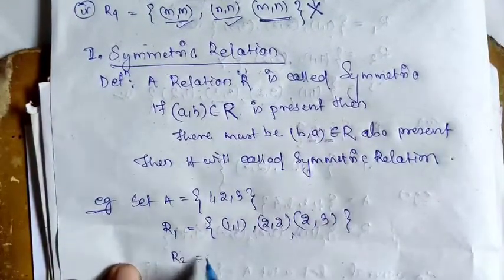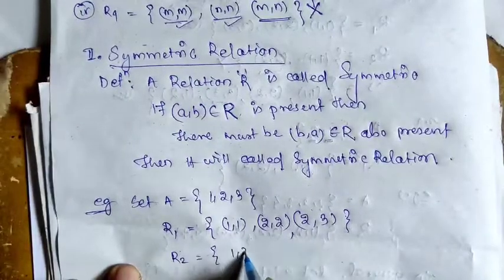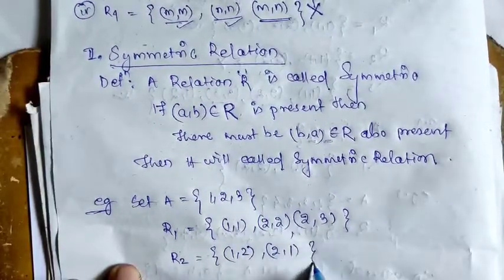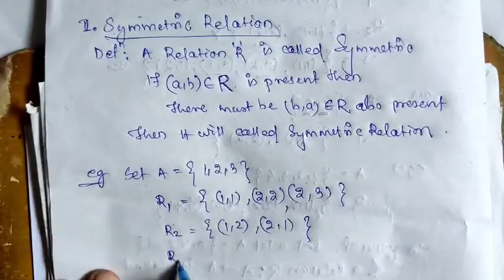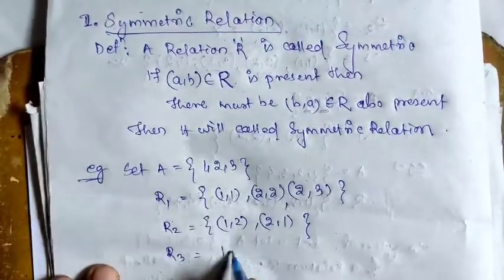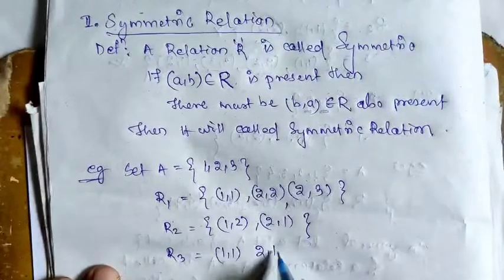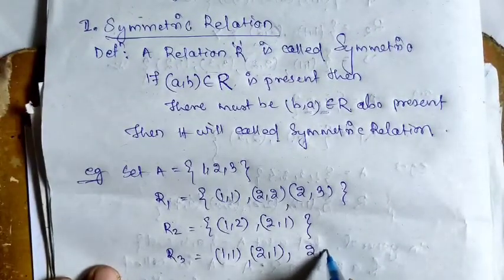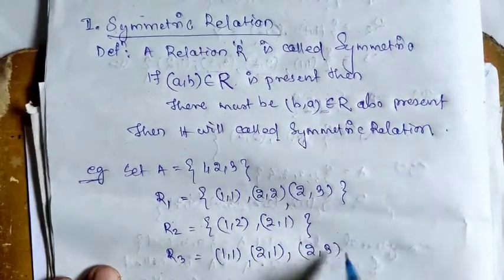Second relation R2: (1,2), (2,1). R3: (1,1), (2,1), (2,3).